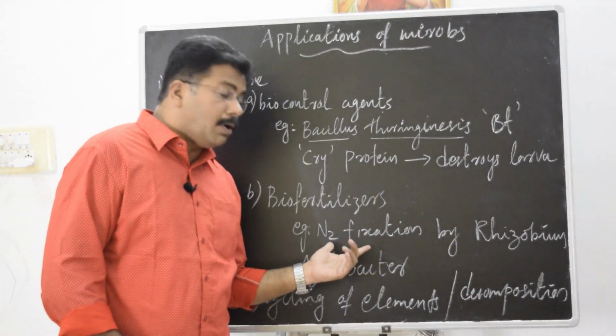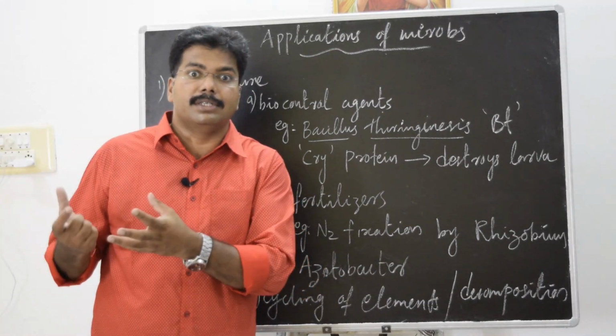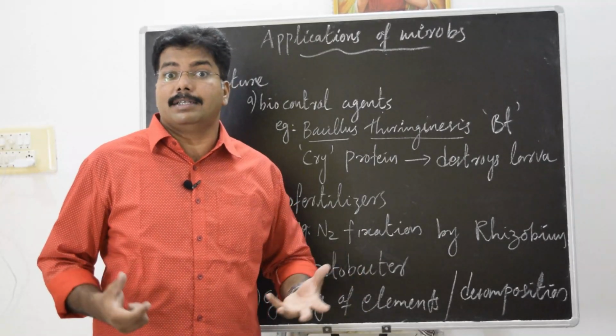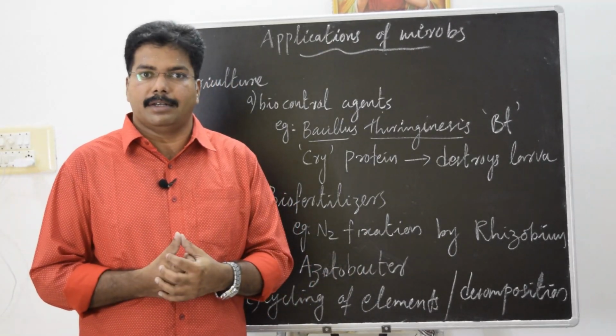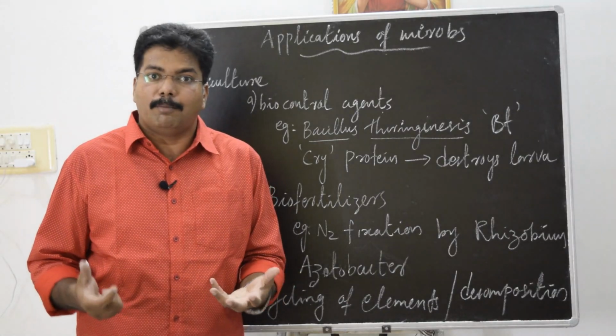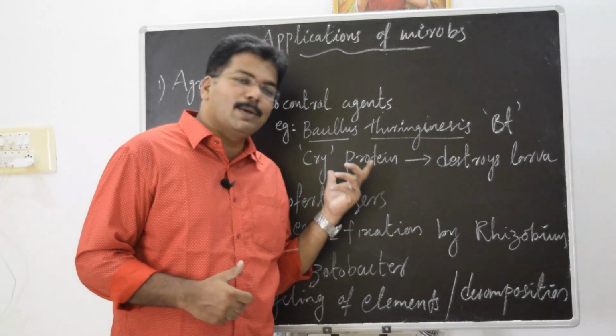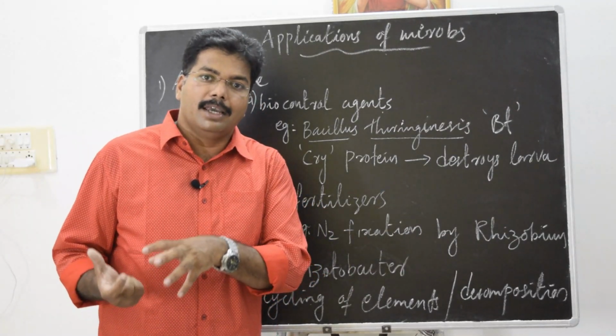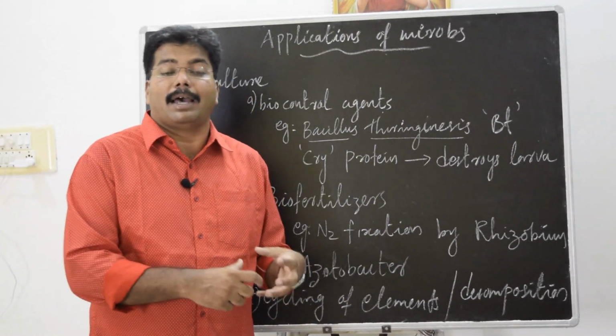These will fix the atmospheric nitrogen, which is gaseous in state, which cannot be utilized by the plant. In fact, the plants are in need of a huge quantity of nitrogen, but it is available and they cannot get it. So some microbes are helping by converting the atmospheric nitrogen into a form that these plants can absorb.